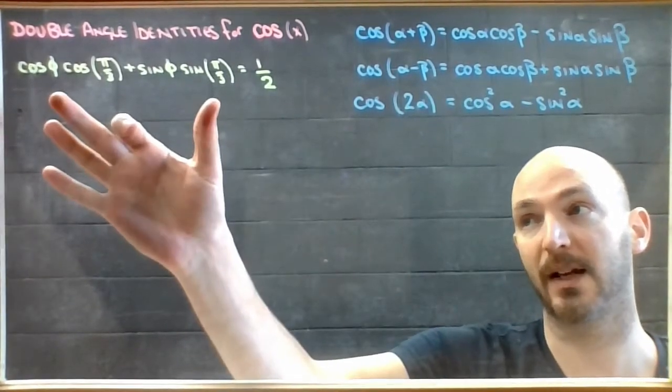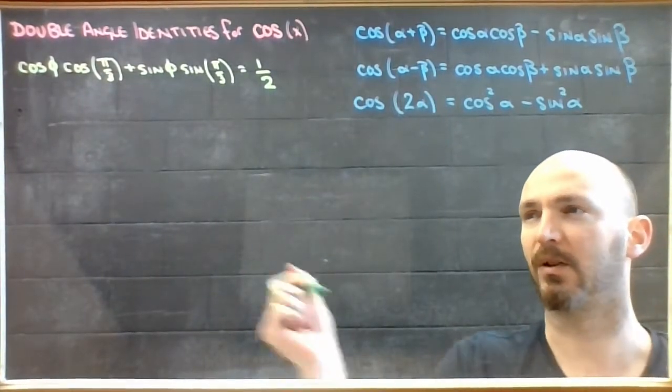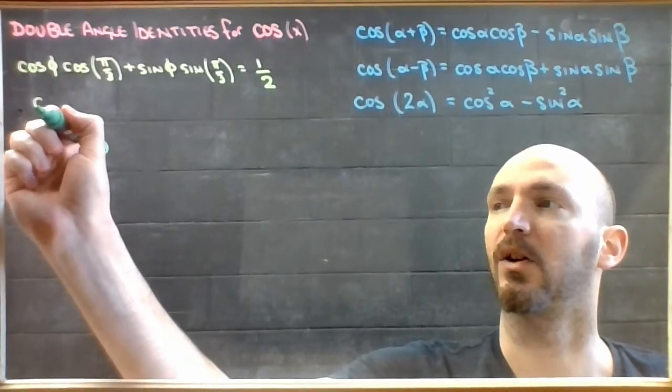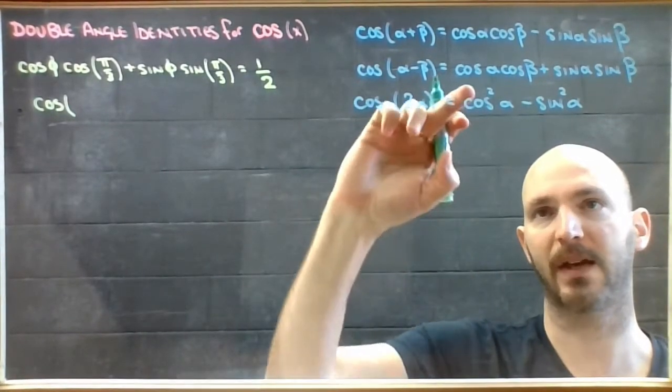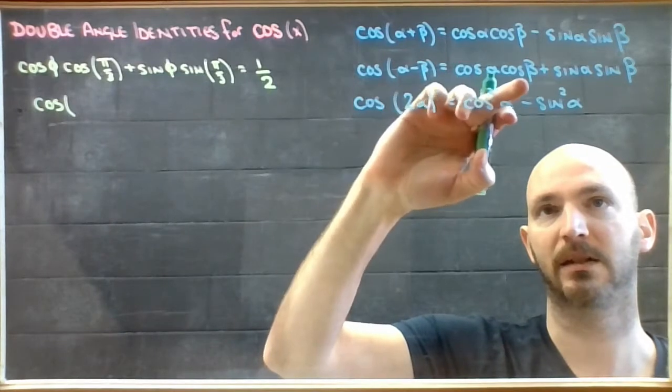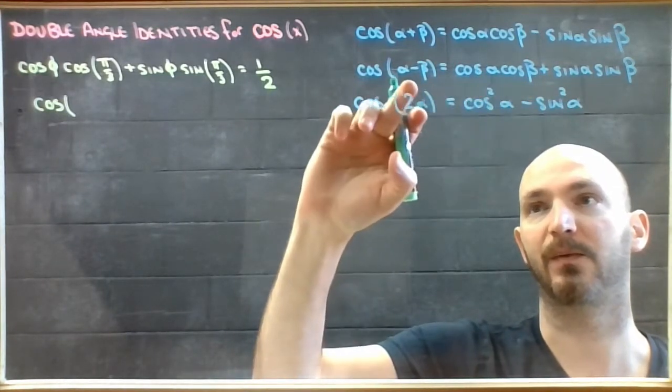So I'm going to write this expression as a reduced cosine. So I'm going to end up with cos of, so whichever thing, alpha and beta, the alpha has to go first there.